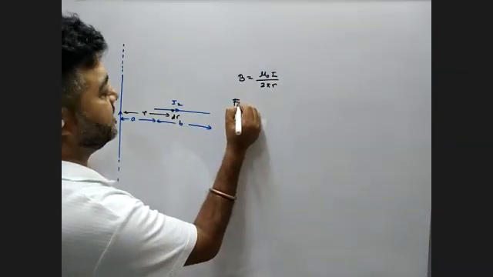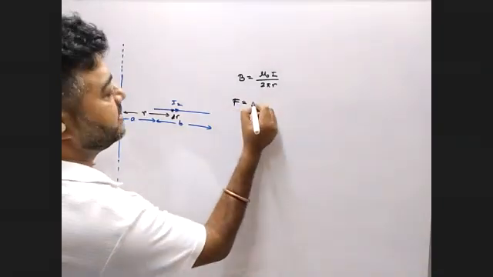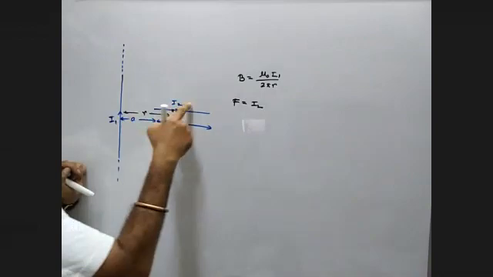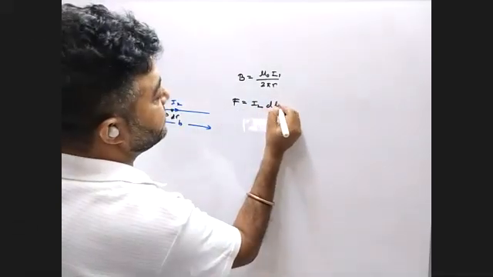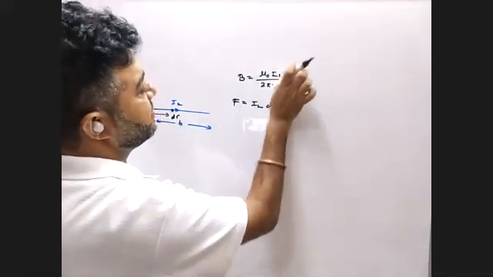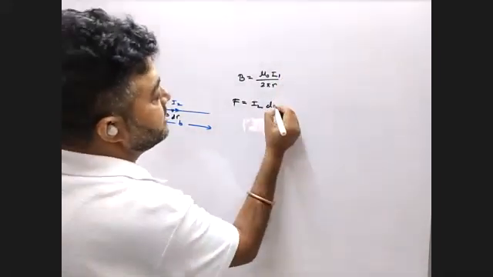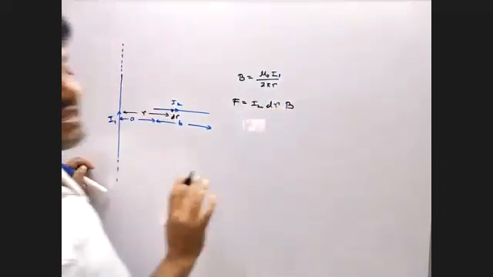Force का formula क्या था? Force का formula था I2 is my current, this current is I1. So I2 dr, because instead of L I use dr, into B. Is it clear, everyone?